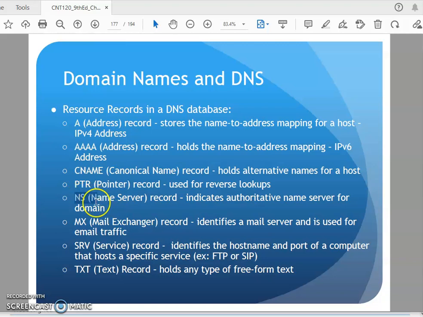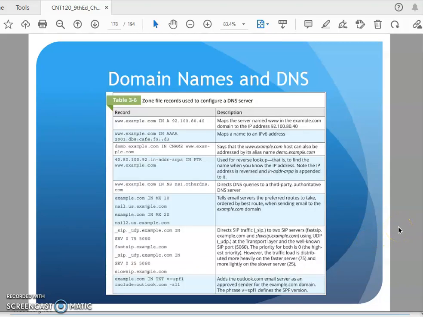Name server record, authoritative name server for that domain. Here's one for mail exchange, where it's used if I have DL Brown at hacked.edu, where's the mail exchange, if you will. Service record, host name and port of a computer, FTP or SIP, etc., that sort of thing, and then a text record, any other free-form text that might be helpful in maintaining the database.